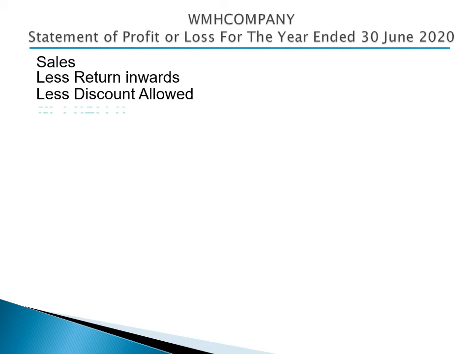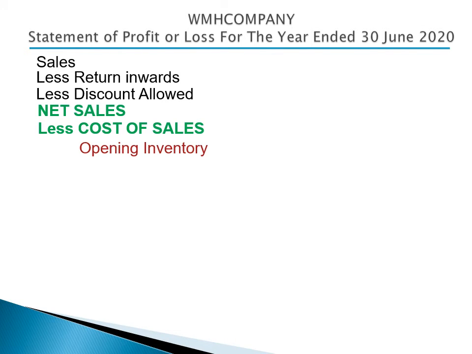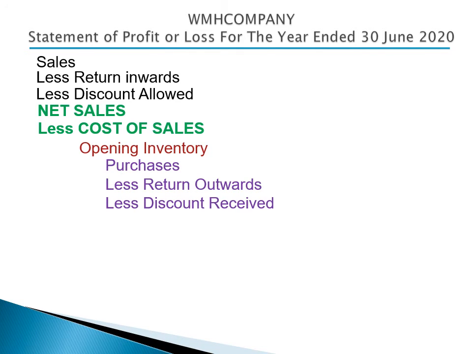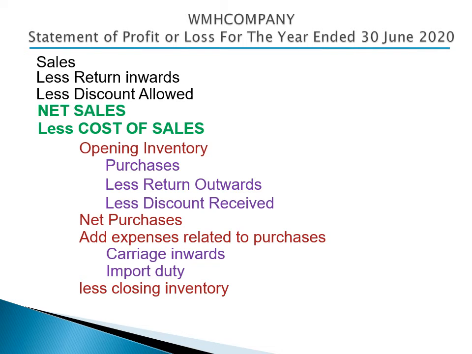So recap. Your sales deduct return inwards, less discount allowed. You have net sales. Then you have the cost of sales, where the opening inventory, then you have net purchases, which comes from purchases less return outwards, less discount received. And you will add the expenses related to purchases and less closing inventories.